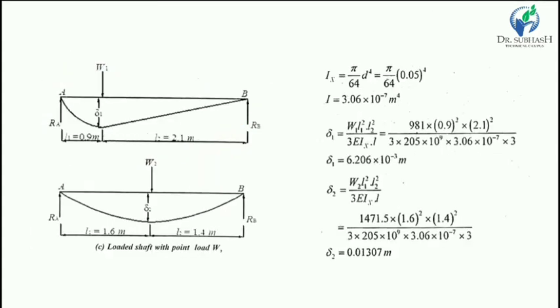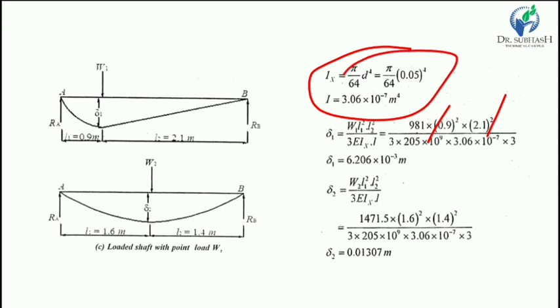For the case of delta 1, the L1 value is 0.9 meter from the left support, and from the right side L2 is 2.1 meter. L, the total length, is 3 meters. The Young's modulus E value is given, and the value of I is pi by 64 d raised to 4 for a circular section shaft, and it is already found.